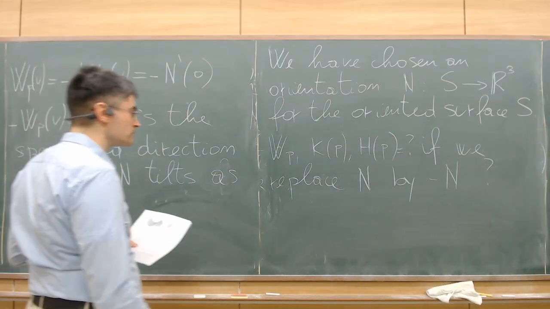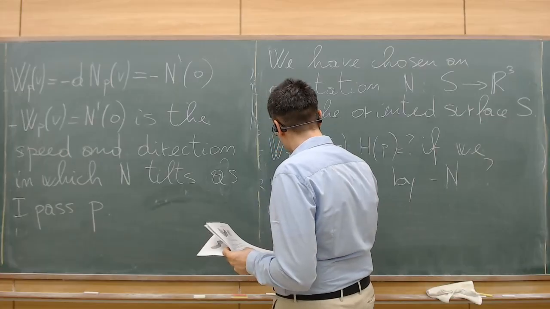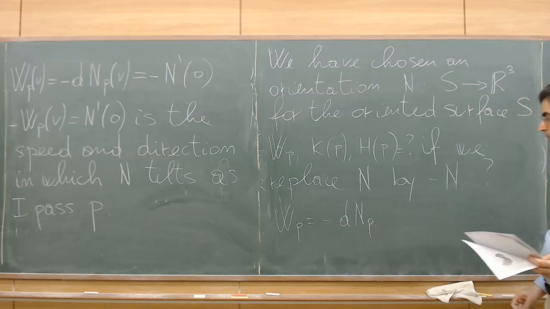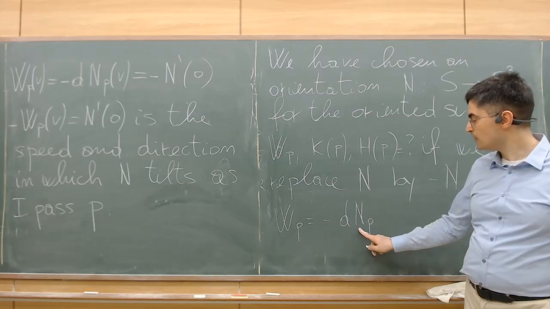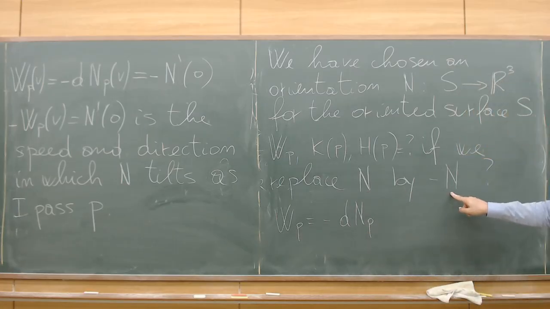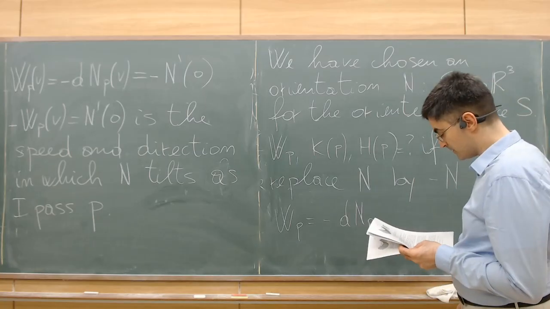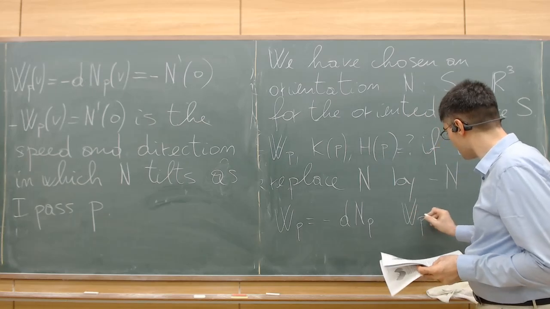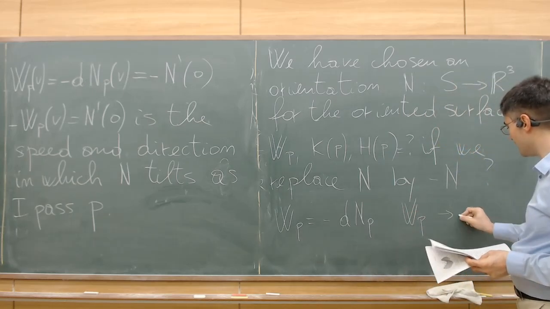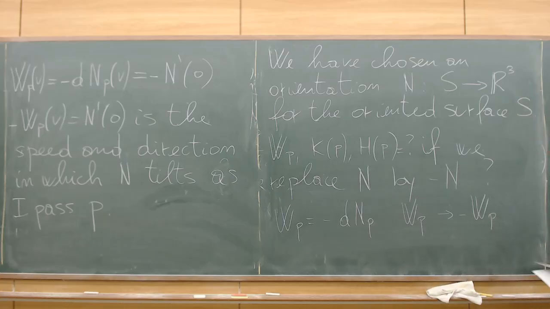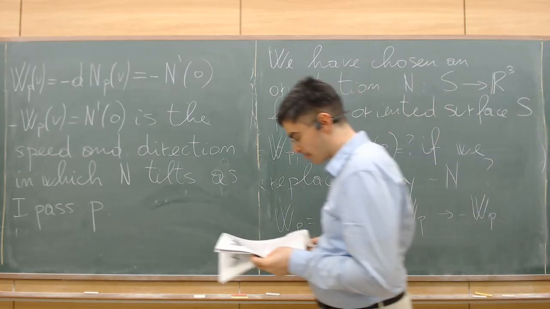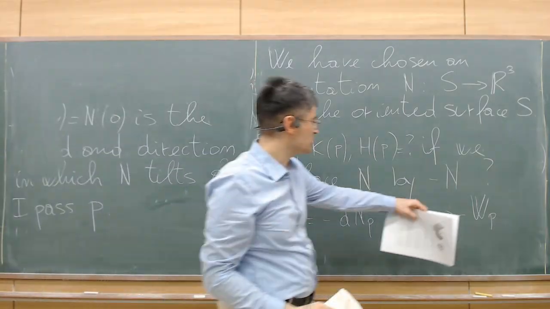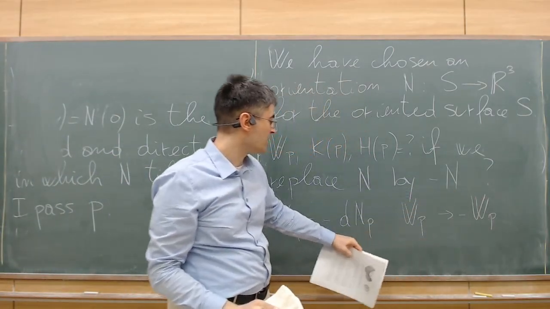Okay, clearly, since WP is minus dNP, if we change n with minus n, then the value of WP is replaced by minus WP, simply because we are changing the sign of the function of which we are computing the derivative.